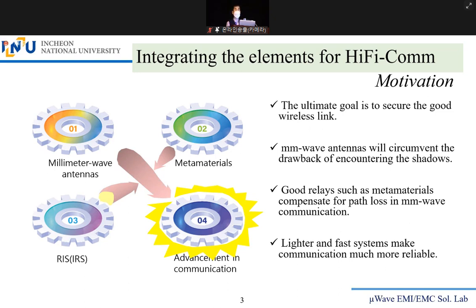So if you have obstacles right between the transmitter and the receiver, you will suffer from some drawbacks. I would like to get over those drawbacks with smart materials, which you can design by yourself under the name of reflector arrays and metamaterials, which will evolve into RIS, reconfigurable intelligent surface, or intelligent reflecting surfaces.